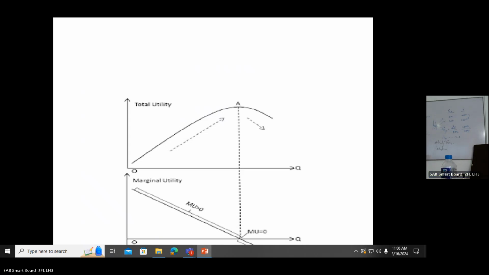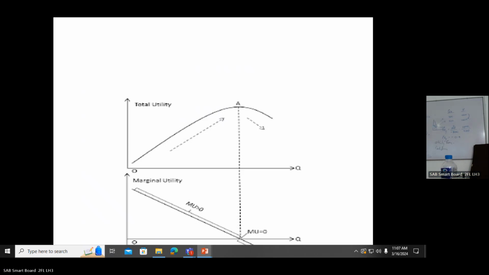If you take the slope of this curve, it is zero. So delta TU over delta x equals zero at this point. Or if you differentiate this curve in terms of quantity, you get zero.